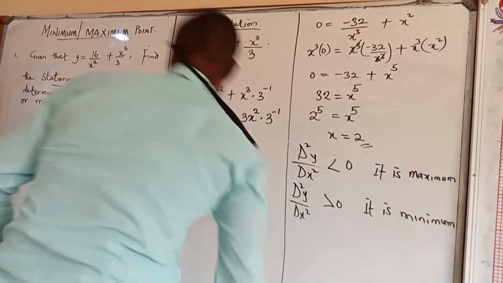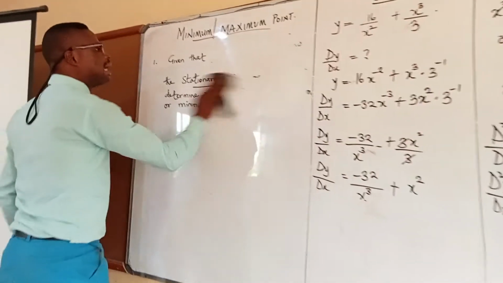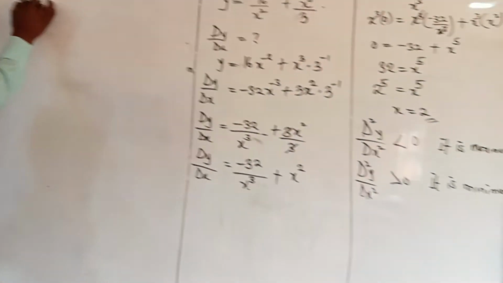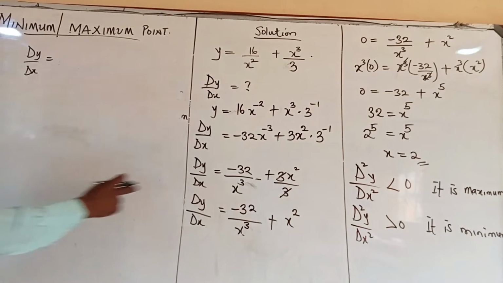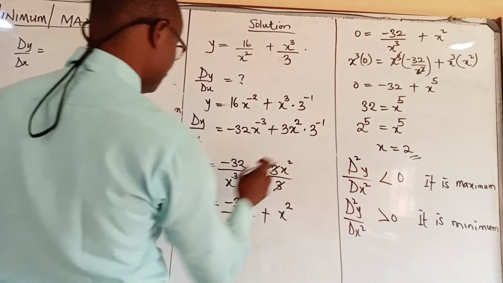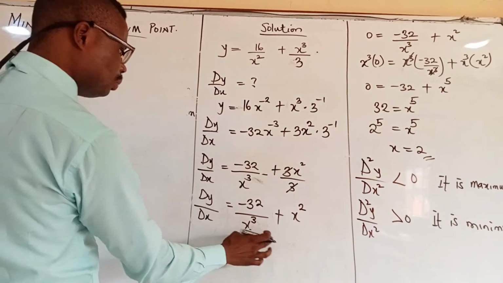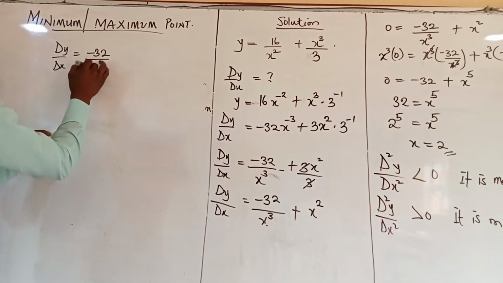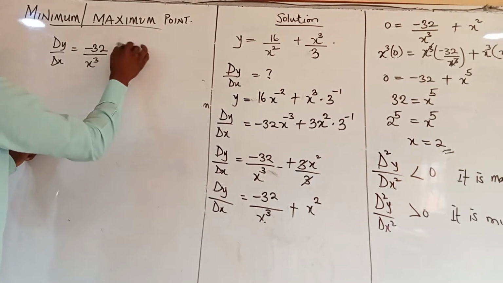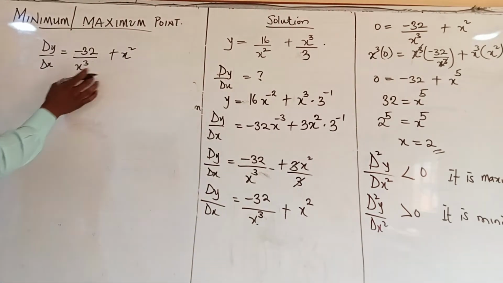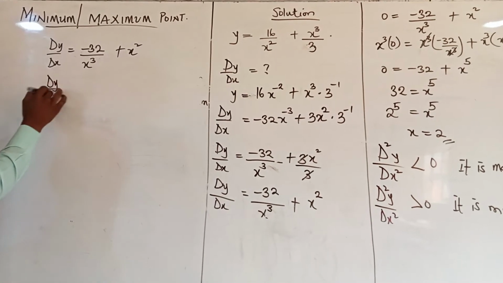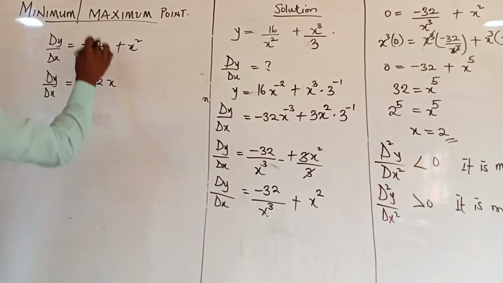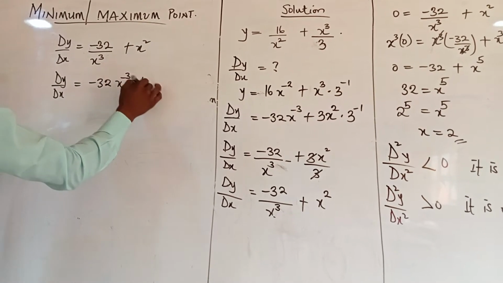So let's differentiate again. If dy/dx is what we have here, minus 32 over x cubed plus x squared, this is the same thing as minus 32 x raised to the power minus 3 plus x squared.